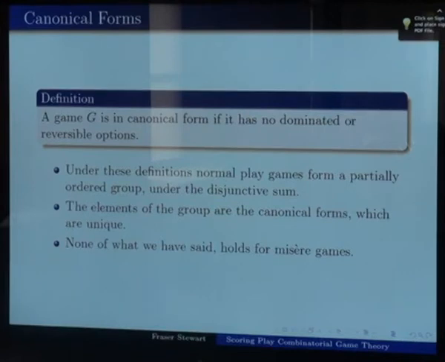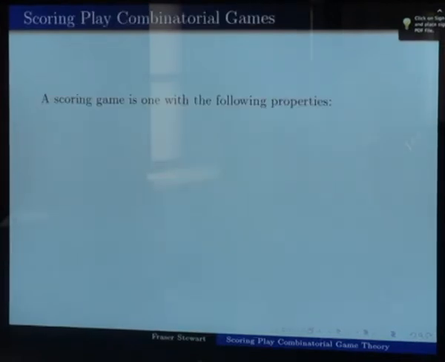Okay, so next we talk about scoring games. What we talked about so far is games where the winner is determined by who moves last. But there are certain games where the winner is determined by some sort of score. Getting back to Wei-Ti, when you play Wei-Ti, you get 1 point every time you capture one of your opponent's stones, or you get 1 point every time you capture a piece of area.